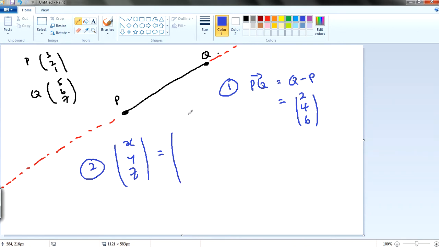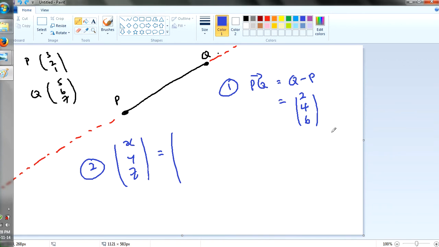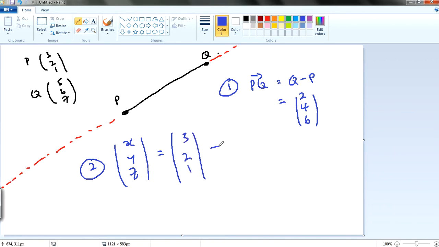So one key thing is that since you know PQ is a vector, you can take 3 2 1 plus your vector.